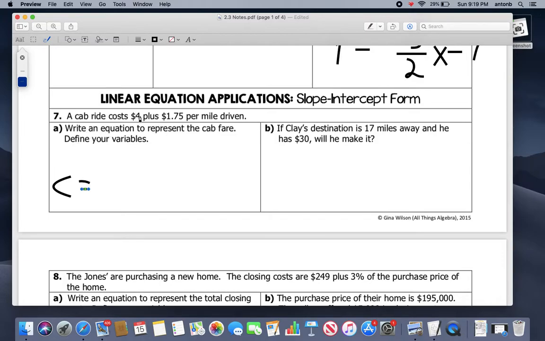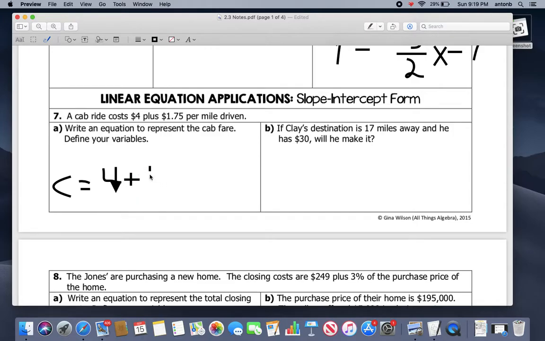A cab ride costs $4 plus $1.75 per mile driven. All right. So we for sure know we have to pay $4 for a cab ride, no matter what. Okay? $4 plus however many miles we go. Well, there's our unknown, right?